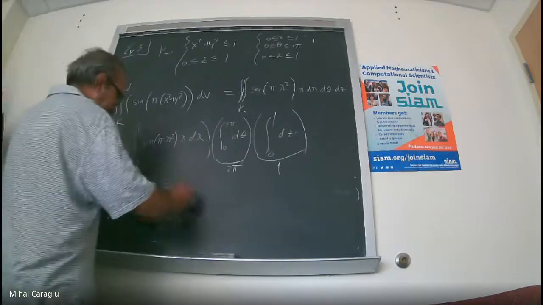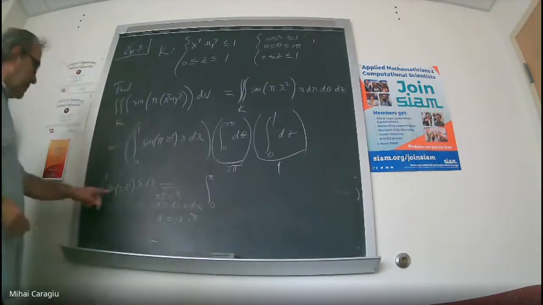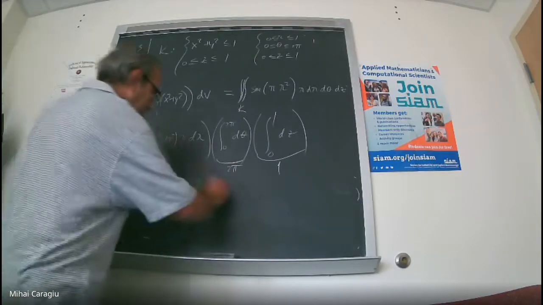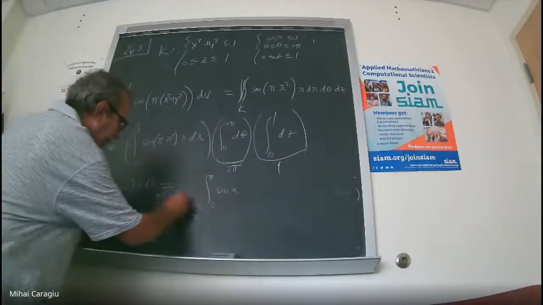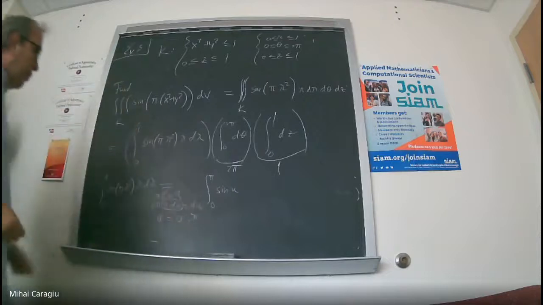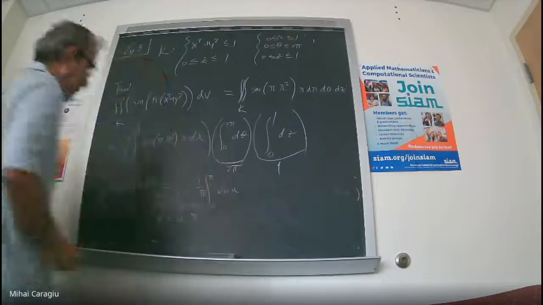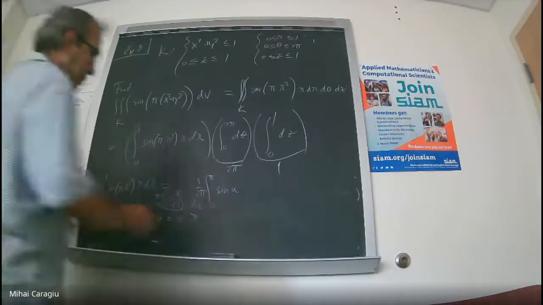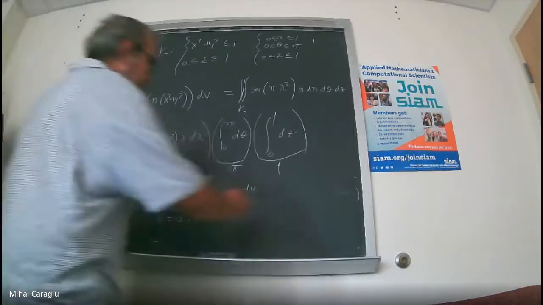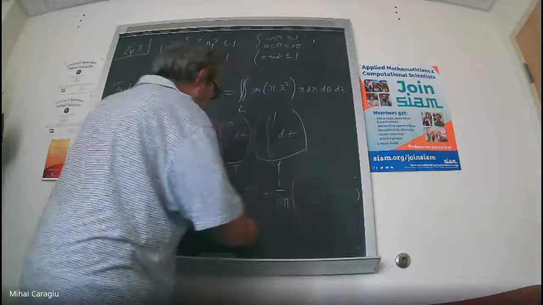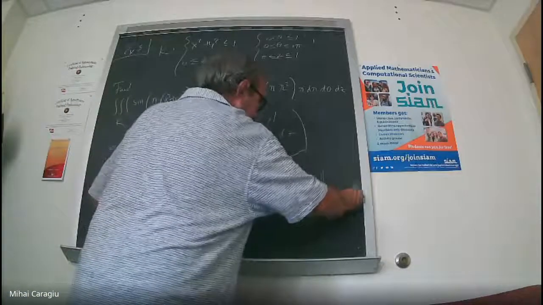So after changing the variable, this becomes the integral from 0 to pi of sine of u. What's r dr? From here, r dr is 1 over 2 pi du. So take 1 over 2 pi in front of the integral. The antiderivative will be minus cos u from 0 to pi.